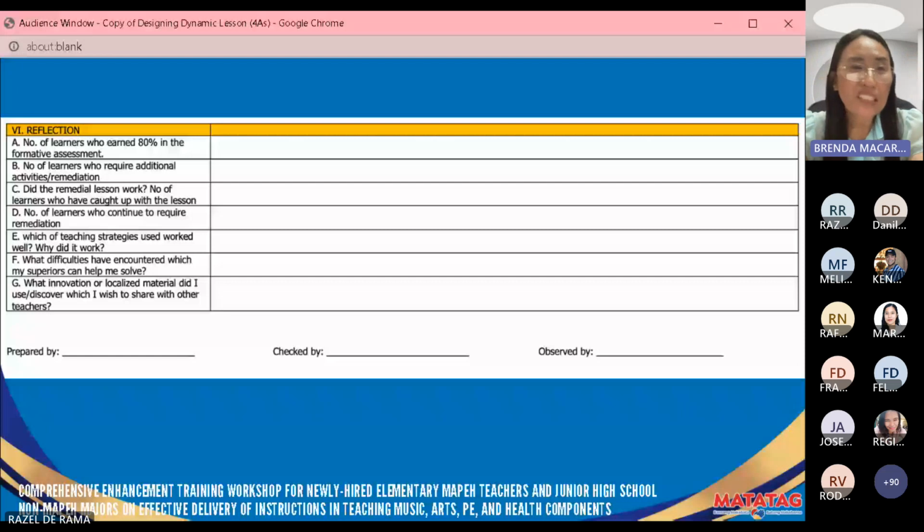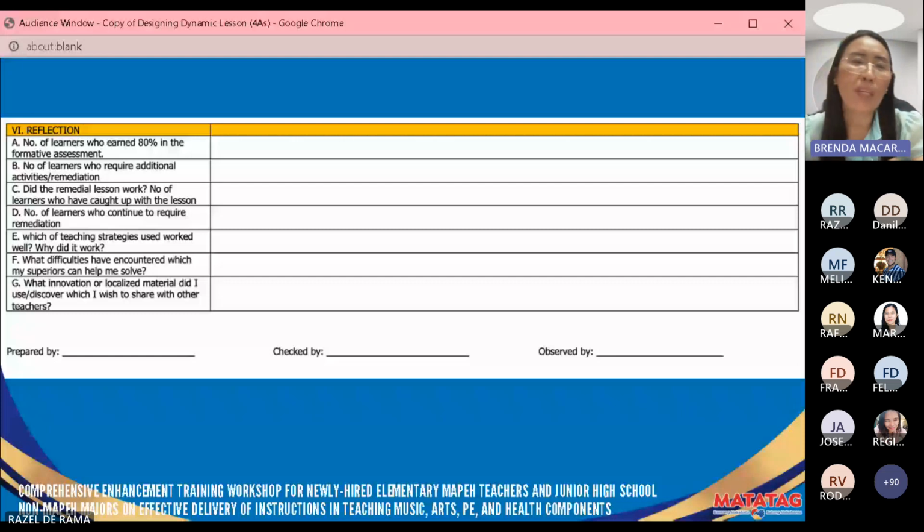Itong DLL natin na ipinresent ko po, of course, it allows flexibility. Sabi nga, in the delivery of this DLL and DLP procedures, let us not forget that we don't need to go through all of yung 10 parts in every lesson. But teachers need to ensure that the procedures of the lesson must lead to the achievement of the stated objectives.